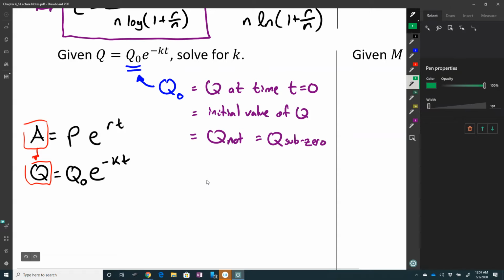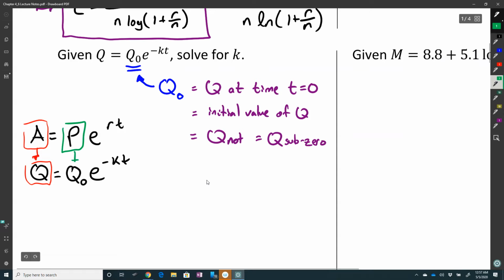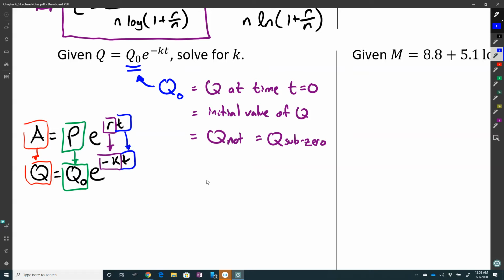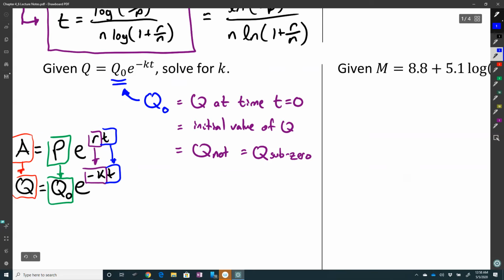There's a relationship between the two. They're actually exactly the same equation. The reason they're written differently is that different fields of math use different variables and call them by different things. But these equations are exactly the same. So if I solve for t, I would end up getting the same thing.